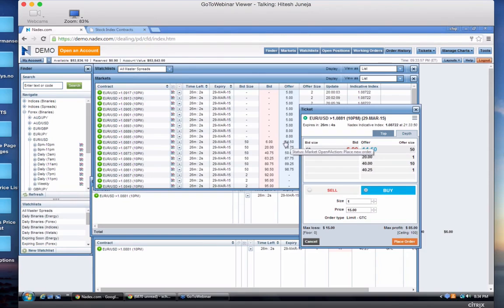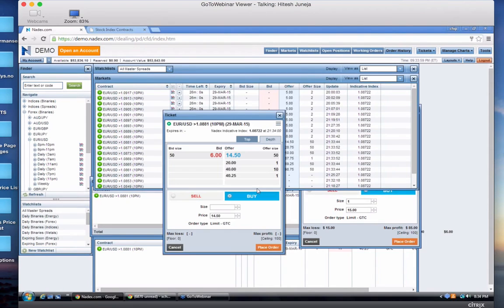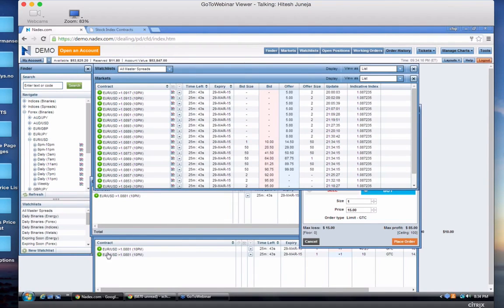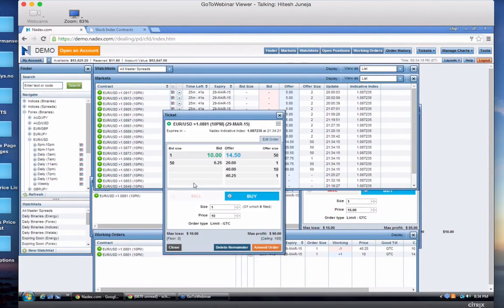So at this moment, for example, the price is $14.50 for you to get in. But let's say we waited and the market goes down a little further. Right now, the price of Euro USD is 1.08722, and that's why it's costing you $14.50. But you wait a little bit longer. You wait for it to get to 1.0871. At this point, it might only cost you $9 or $8.